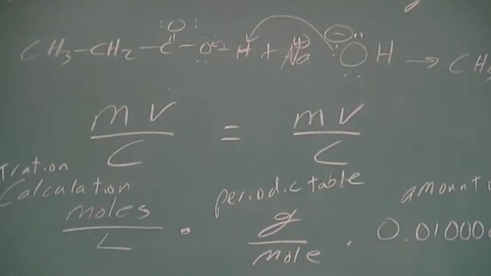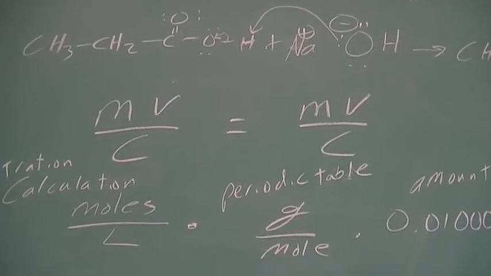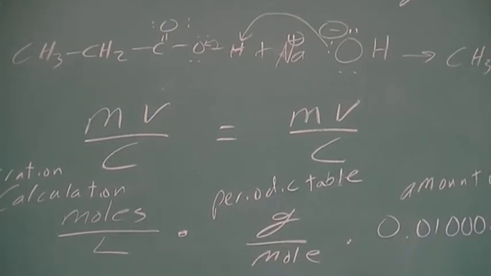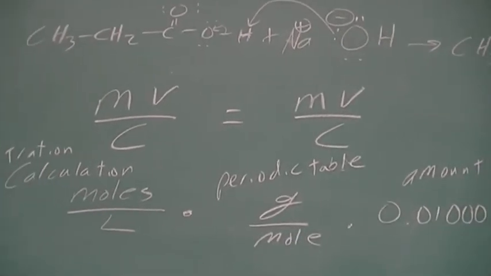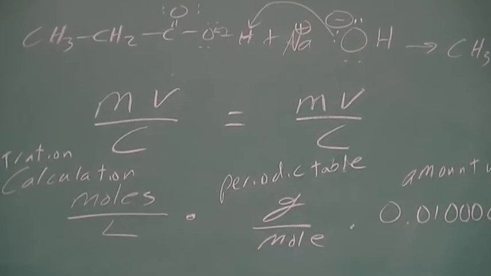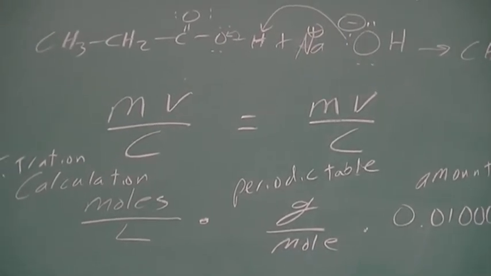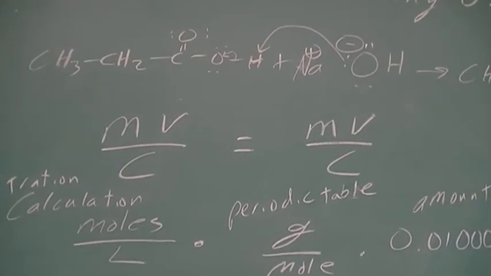And so our titration equation is molarity times volume over the coefficient of the acid is equal to the molarity times the volume over the coefficient for the base. Both coefficients are 1. It is a 1-to-1 balanced reaction. So if we then calculate this, we will have our volume of acid.